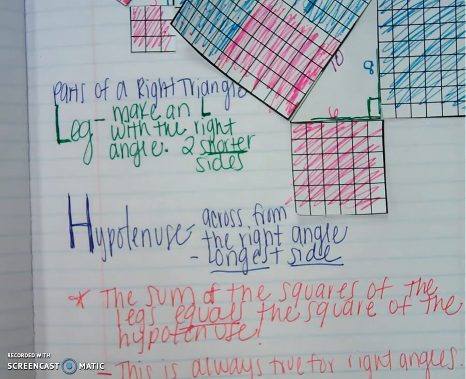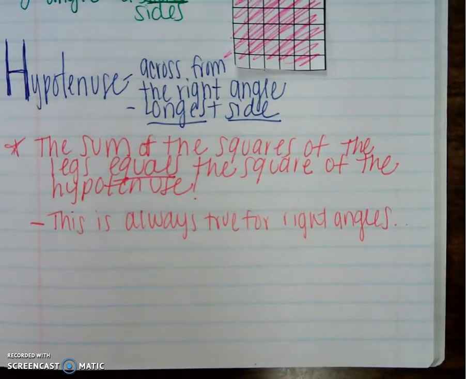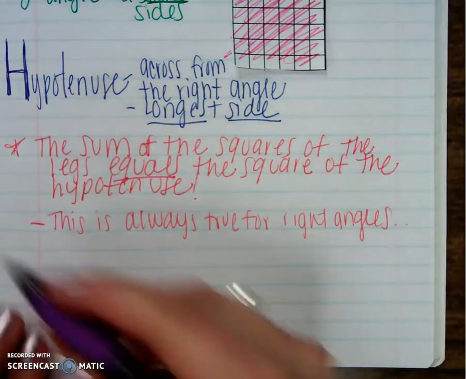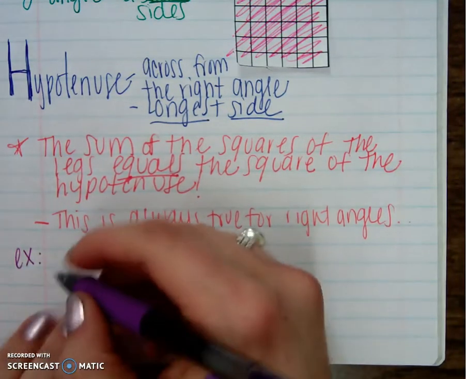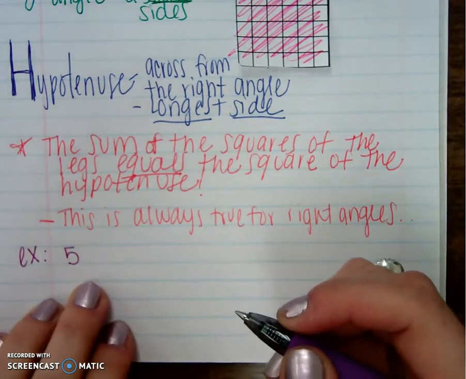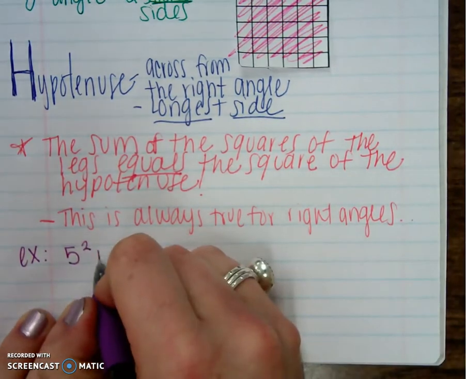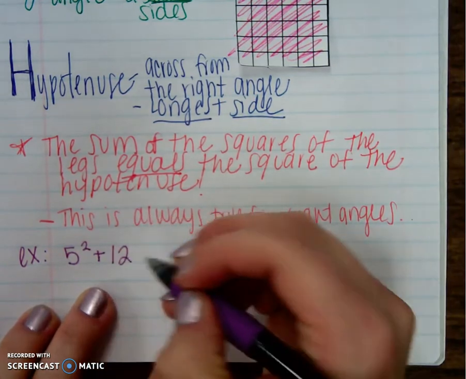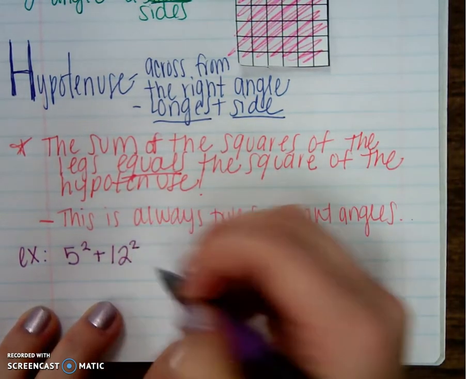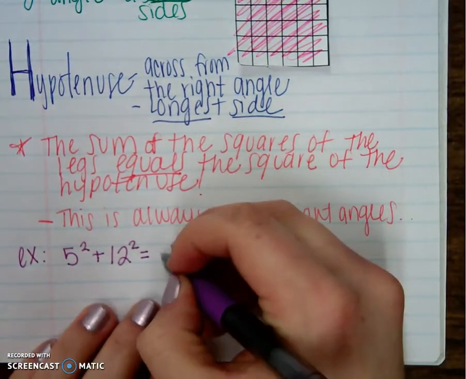Okay? So without having, oh, you can't see that. There we go. So without having to draw all those squares, let's do an example, okay? If we have the legs of 5, and we said the square of it. So 5 squared, the sum of that with the other leg, so let's say 12 squared, is going to equal 13 squared.